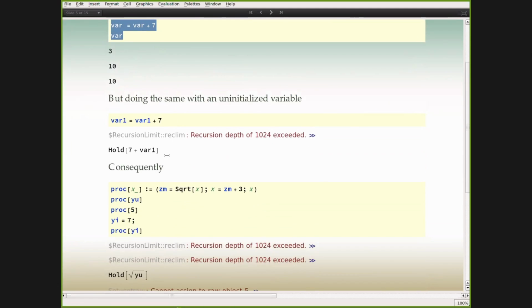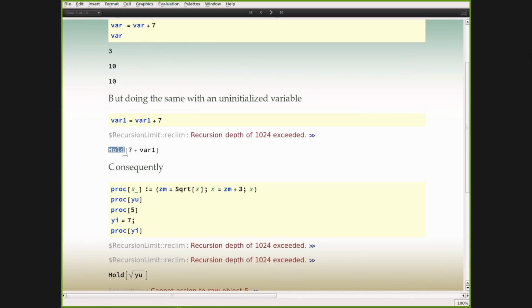Okay, so Mathematica has returned our expression as an argument of the Hold function. The Hold function is the function which prohibits computing, so it simply keeps this expression not evaluated.